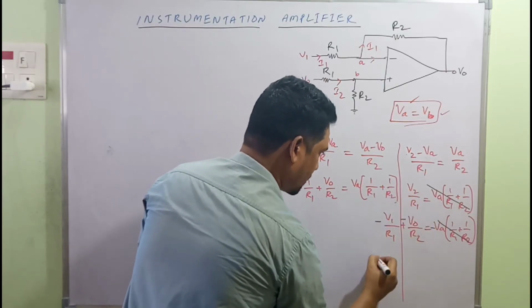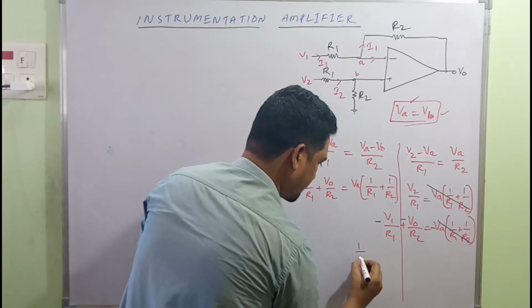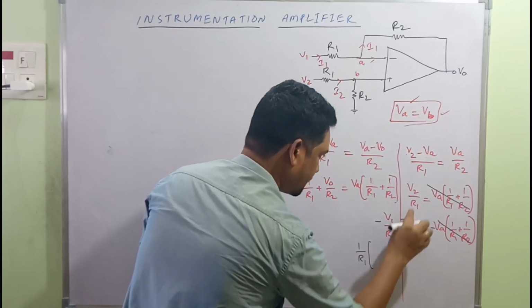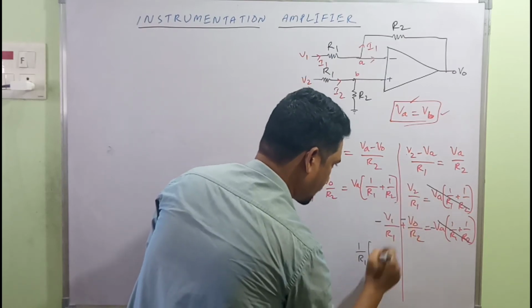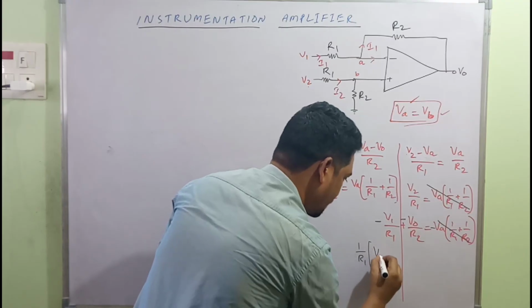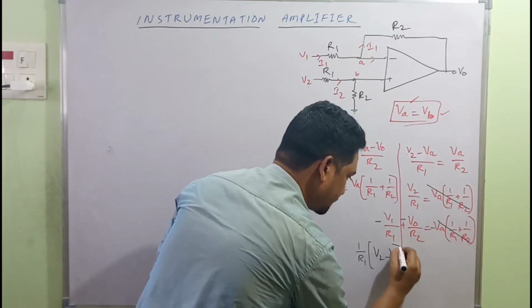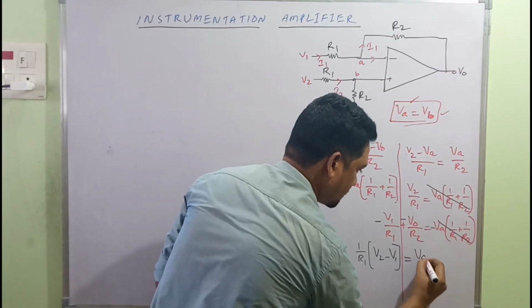We are left with 1 upon R1 as common from these two terms, so we are left with V2 minus V1, I'm sorry, V2 minus V1, which is equal to V0 by R2.